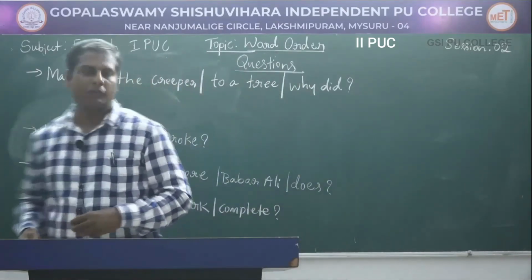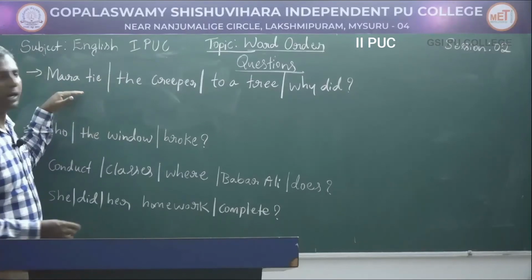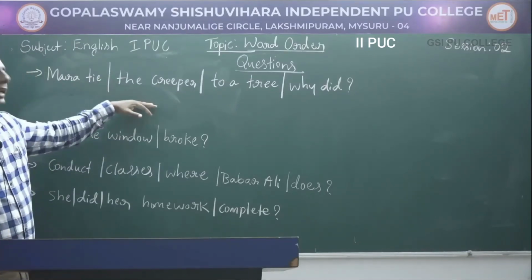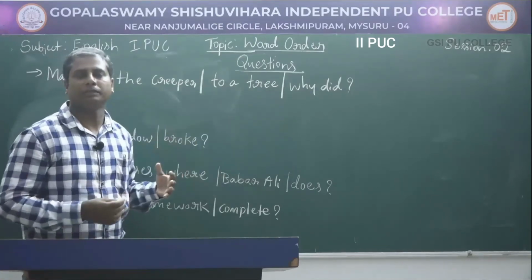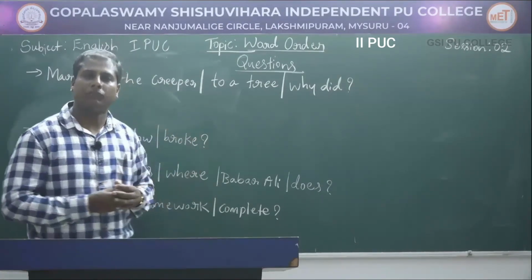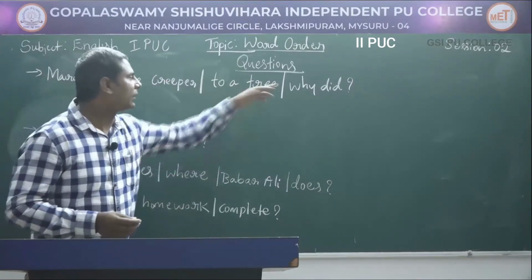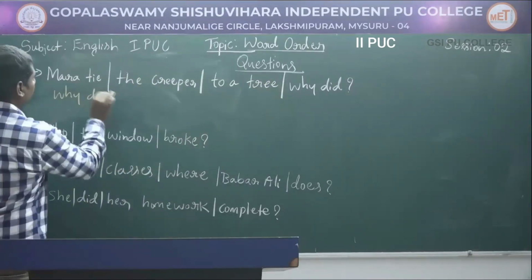In the first question, you have words like Mara, tie, the creeper, to a tree, why did. So this question is from the WH format. So you can start with why did.